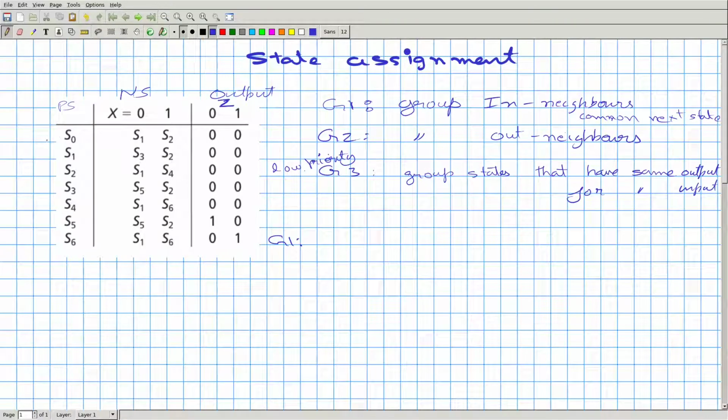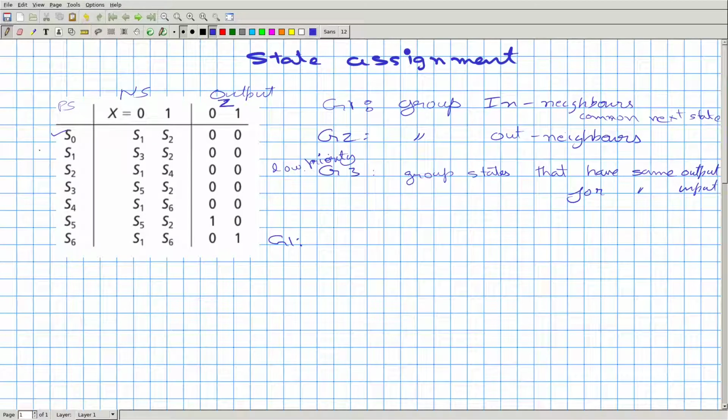So for example, we start with S0. What state is S0 a next state of? So S0 is not a next state of any of the states. Then we look for S1. What states is S1 next state of?